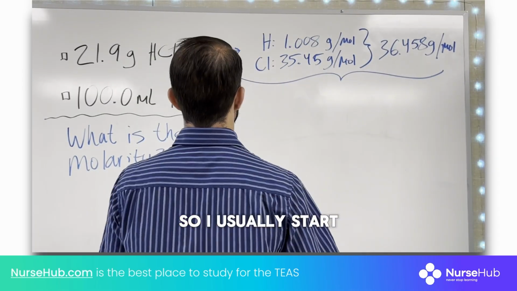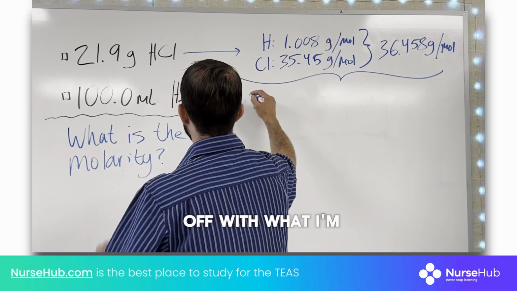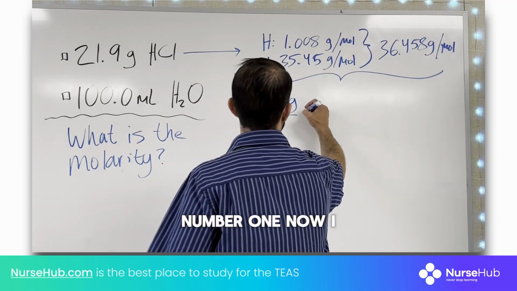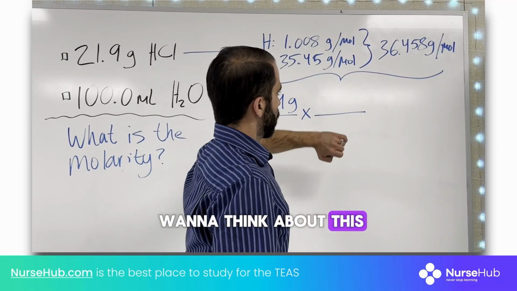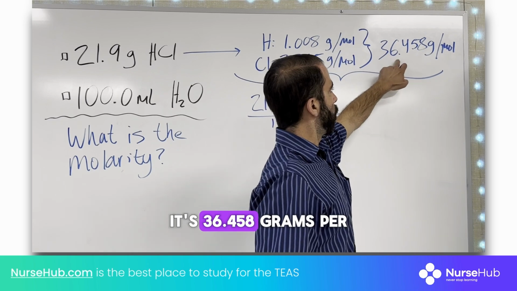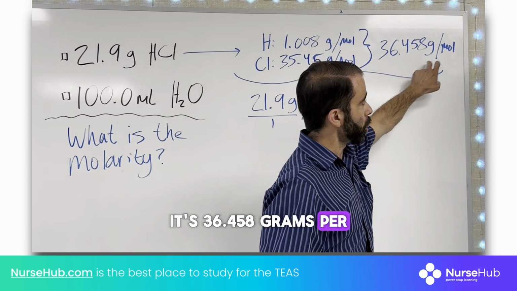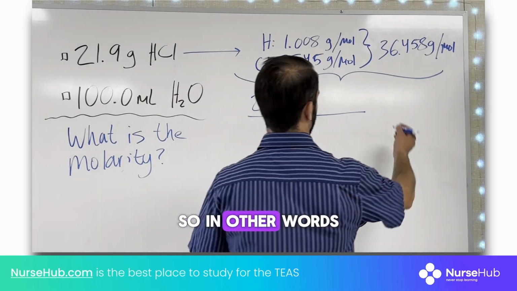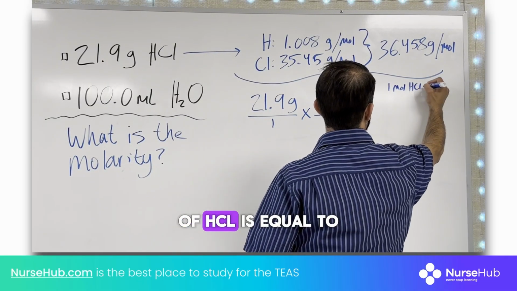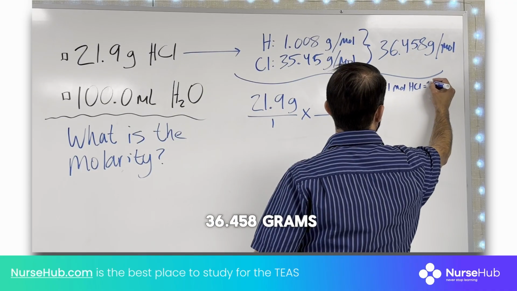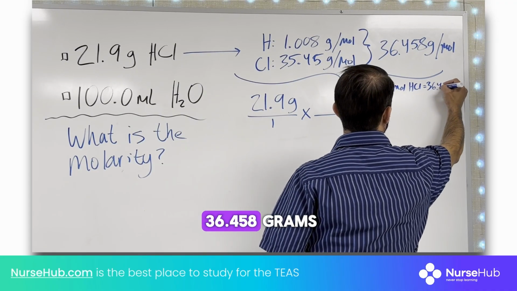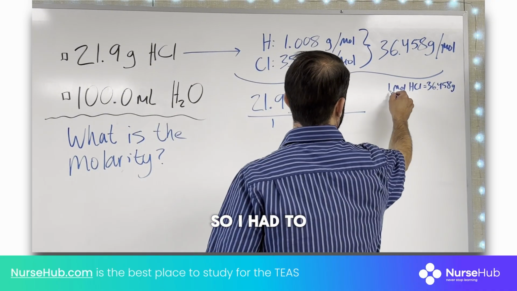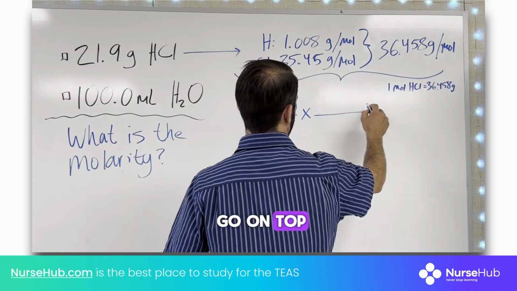So I usually start off with, when I'm given 21.9 grams, throw it over 1. Now I want to think about this. It's 36.458 grams per 1 mole of HCl. So in other words, we know that 1 mole of HCl is equal to 36.458 grams. So I need to figure out what's going to go on top, what's going to go on the bottom.